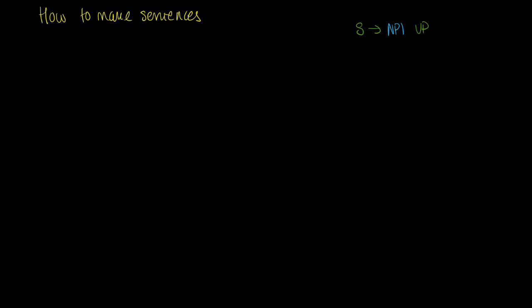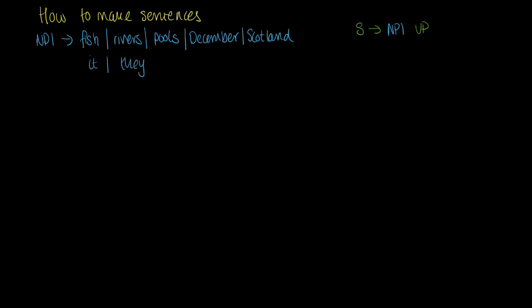So a small list of noun phrases could be something like, a noun phrase 1 is either a fish, or the word rivers, or the word pools, or the word December, or the word Scotland, or the words it, or they.